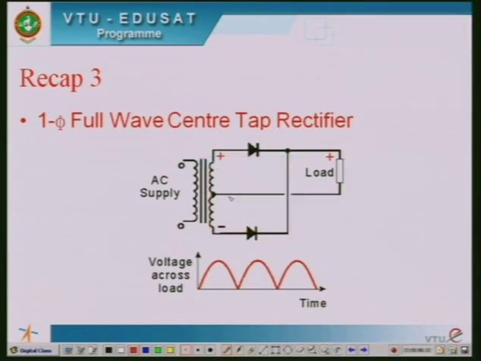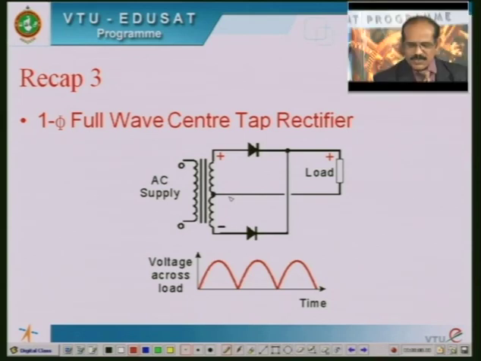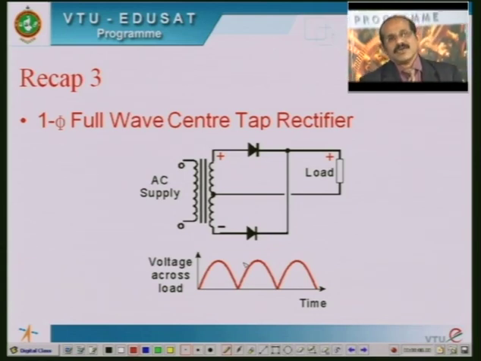Once again the output follows the input here. Whatever secondary voltage Vs2 is there will appear across the load. So the voltage across the load is a pulsating DC, but unlike the half wave rectifier, this full wave rectifier is able to conduct in both half cycles of the input signal.